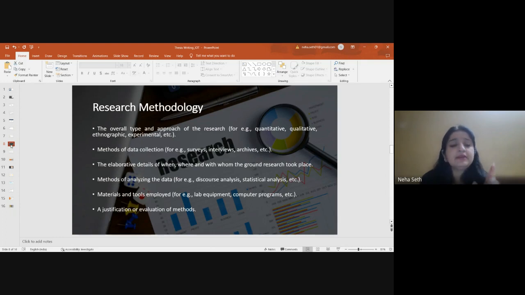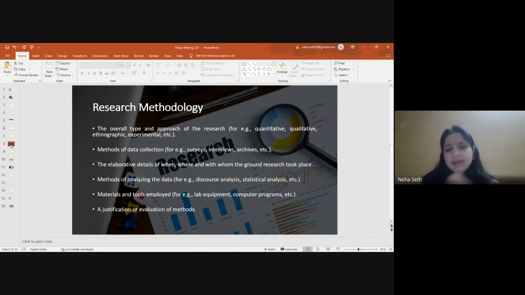So this chapter includes the overall type and approach of the research. Basically, this chapter defines what kind of research you are doing. Is it a quantitative research or a qualitative research, or is it just an experiment? It will also define the methods you are using for data collection.